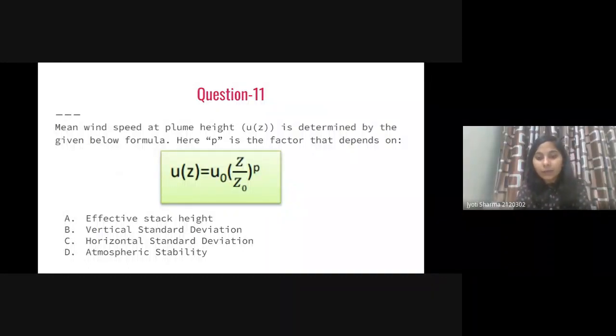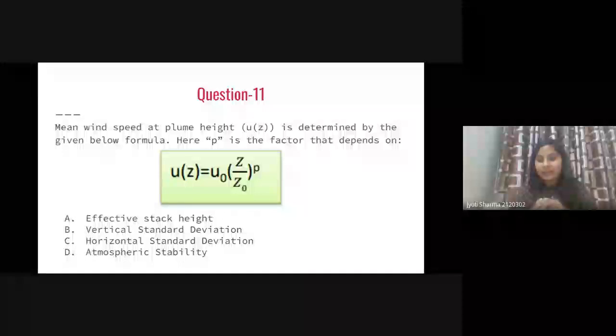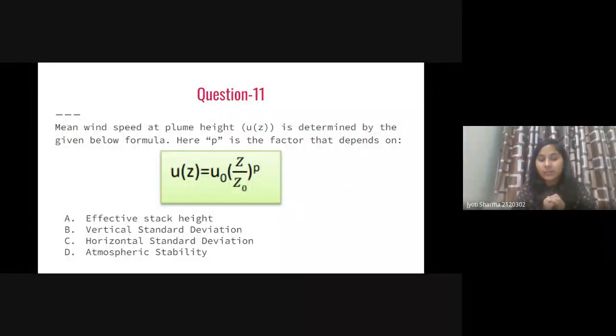For example, if you have the inversion condition, inversion means the temperature is increasing with the height. In inversion condition it is very difficult for anything to move, so everything will be stagnant at that place. You have different types of stability: instability, and highly absolute stability.